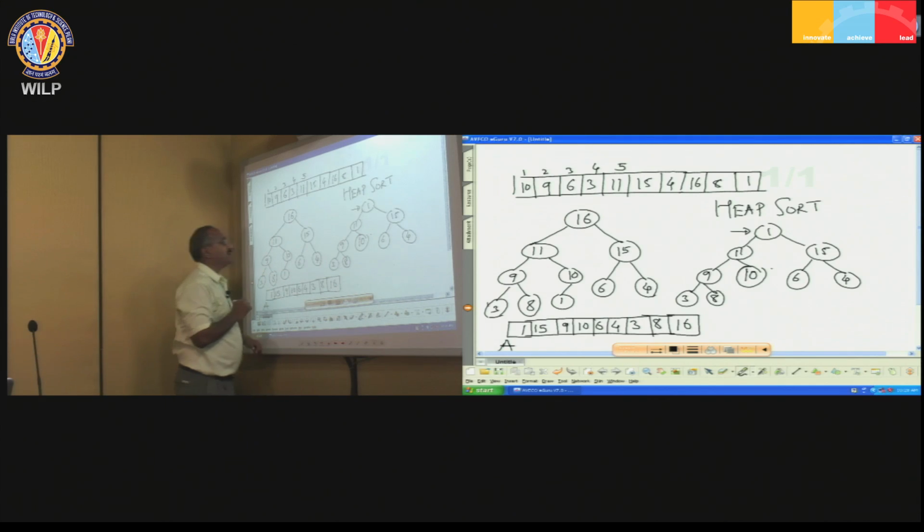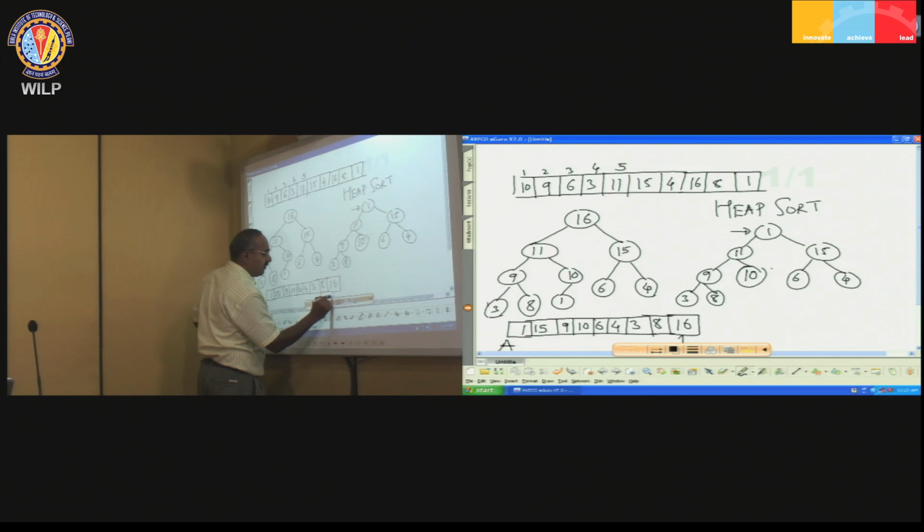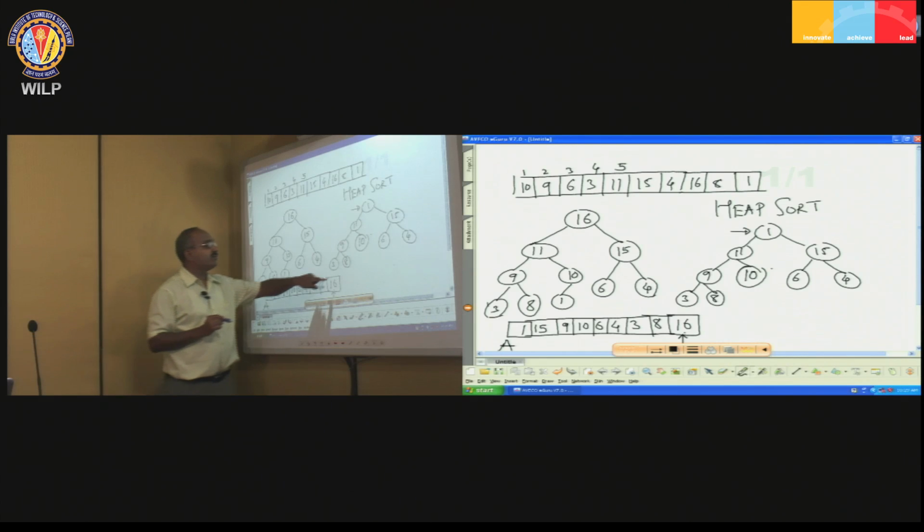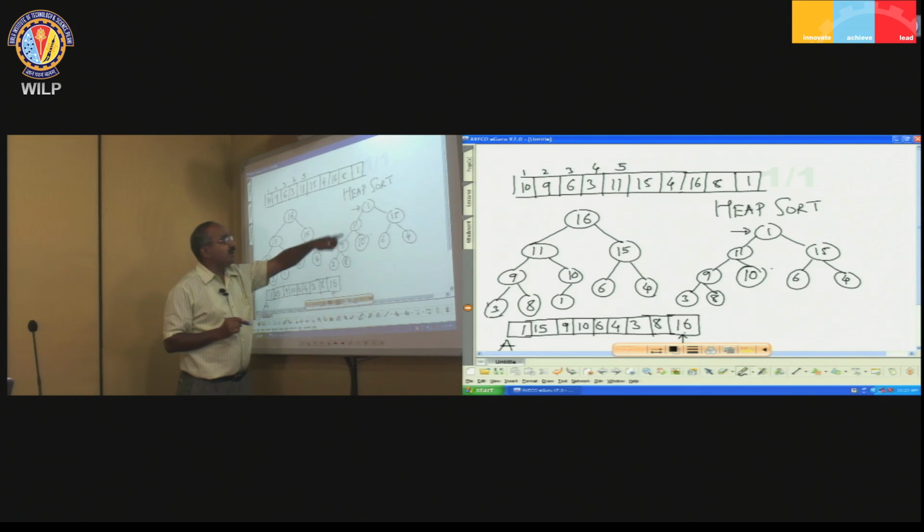This is not in consideration now. We are looking at only A_1 to A_(N-1). Now, this can be made into a heap by doing the heapify procedure.